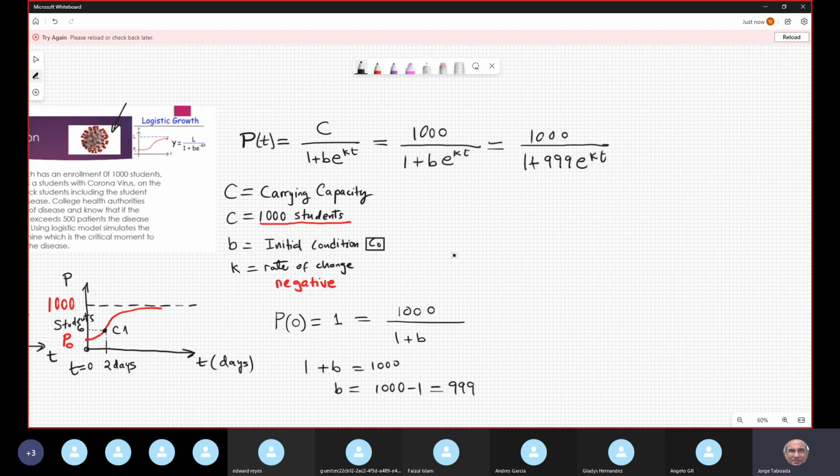Condition 1 is the condition in which, in 2 days, we have 6 students infected, and it's obvious that we have all the information that we need to find the k, because the student count is given as 6.